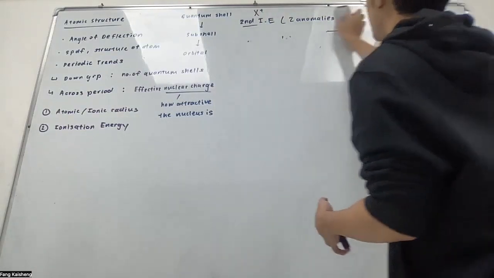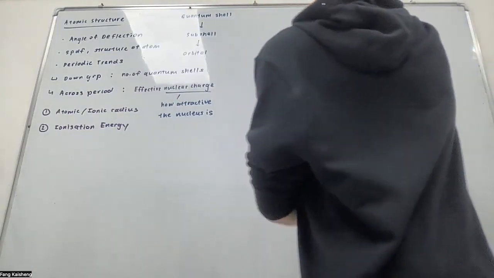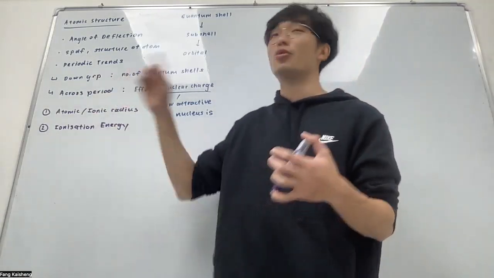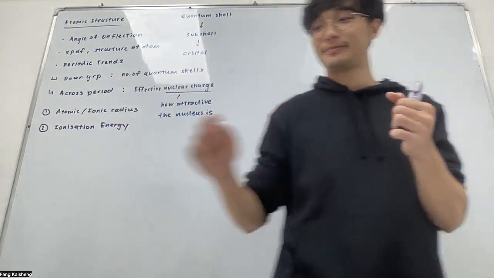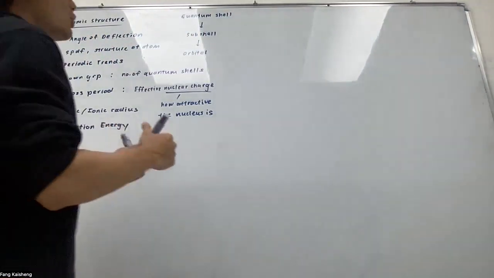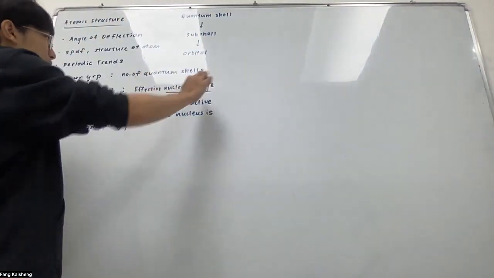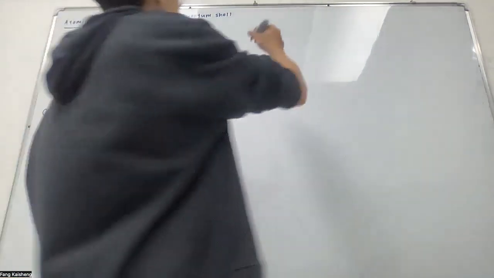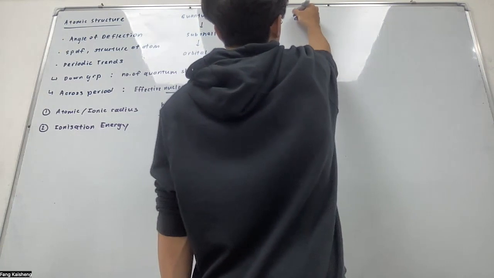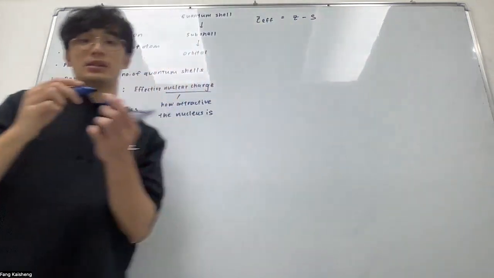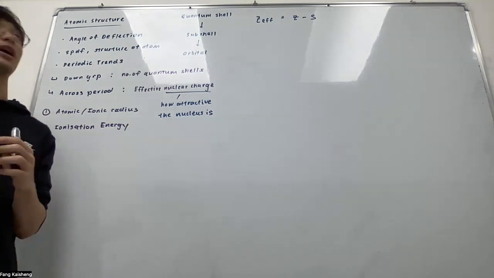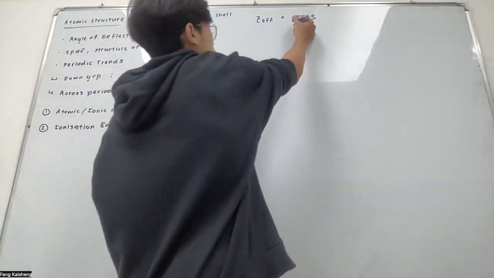But what we are interested in are the trends. Guys, when we go look at the transition elements, are we going down the group or across the period? Yes, they even say across that, I just realized. So across the period means you still need to stick to the effective nuclear charge. So let's whip out the equation once again. Effective nuclear charge is nuclear charge minus shielding effect. Again, when you go across the transition elements, what happens to the nuclear charge?